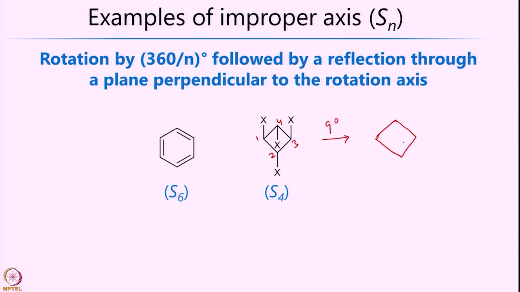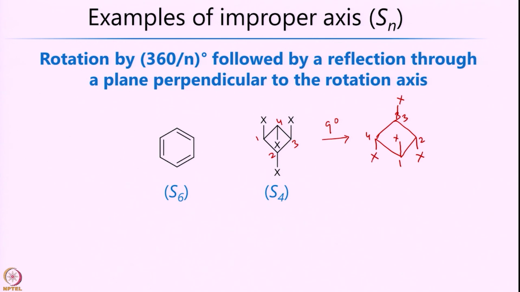So I have my 1 here, so the substituent X would be here, 2, 3 and 4. If I go to 2, the substituent is down, and if I go to 3, the substituent is again up. So I will write 3 here, and if I come to 4, the substituent is down, correct.